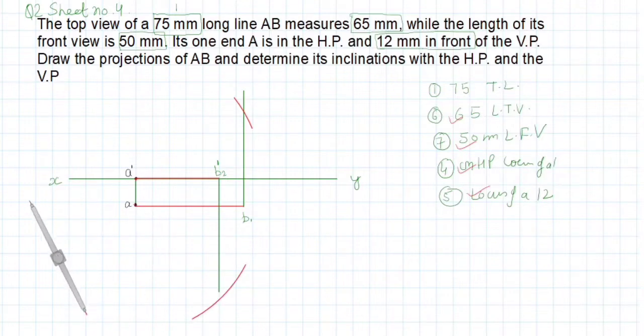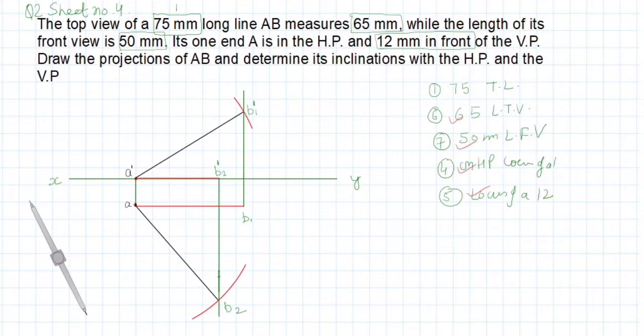We will extend this projector, and wherever the arc touches it, that will be the point B2. Then we join A dash to B1 dash and A to B2. These two lines represent the true length of the line.